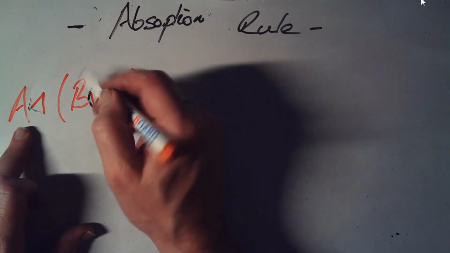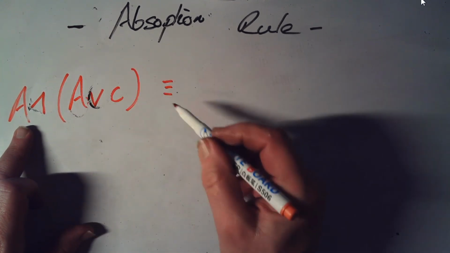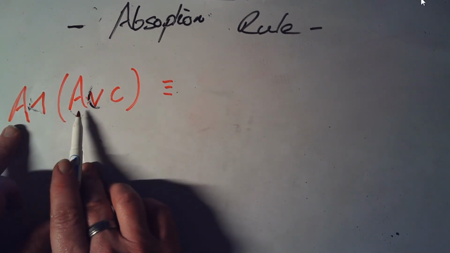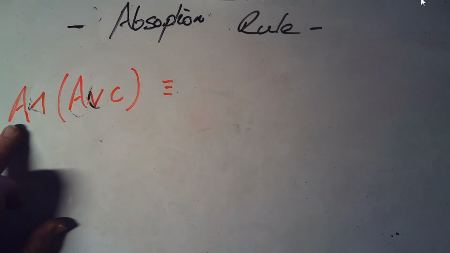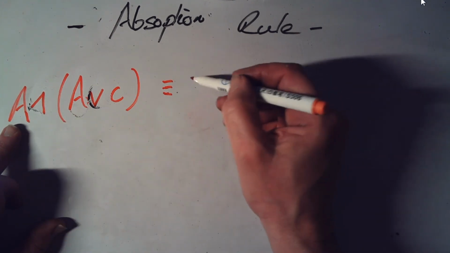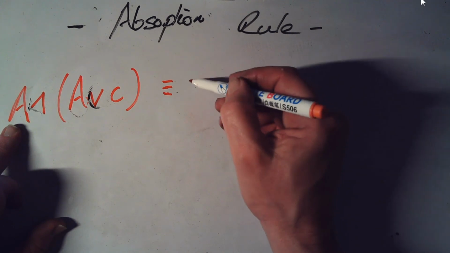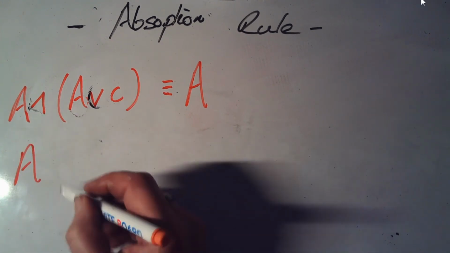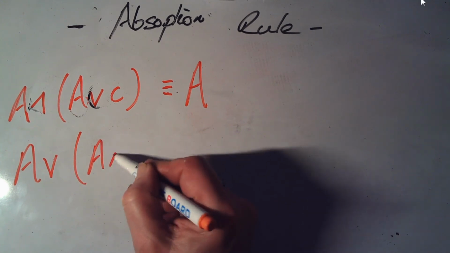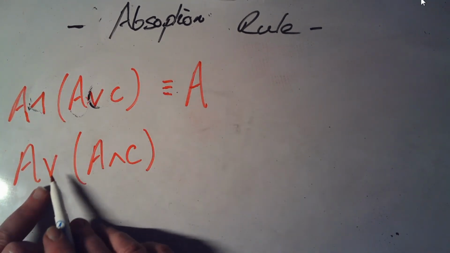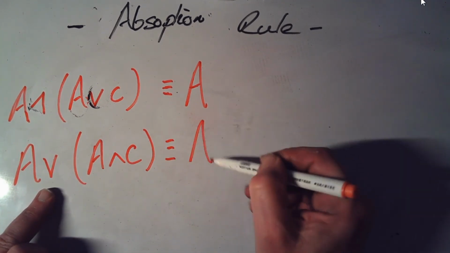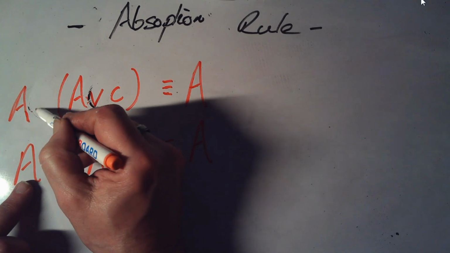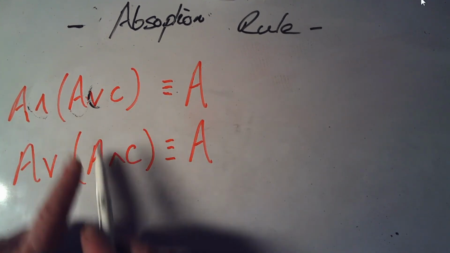So for example, let me just change B and turn it into A. It's still an example of the distribution rule, but now because we have two common terms, one on the outside and one on the inside, if we use the distribution rule to evaluate this fully, you would find that this special example with the two identical terms is equivalent to A. And it is exactly the same if we swap these two around: A or A and C is also logically identical to A. The rule with absorption is that we have to have a duplicate variable, a variable outside the bracket which matches the same variable inside the bracket.